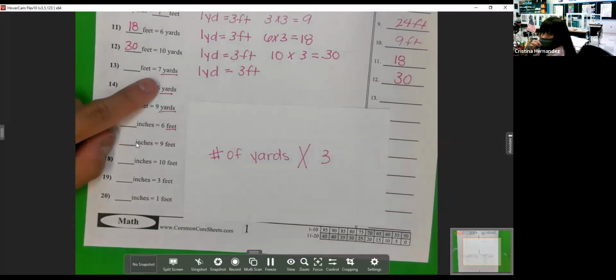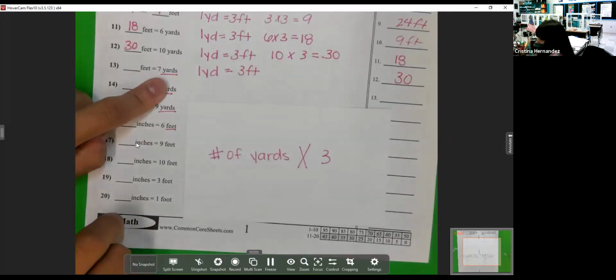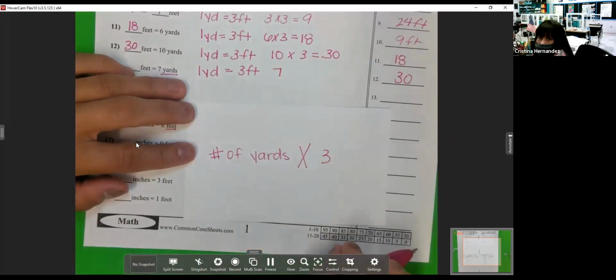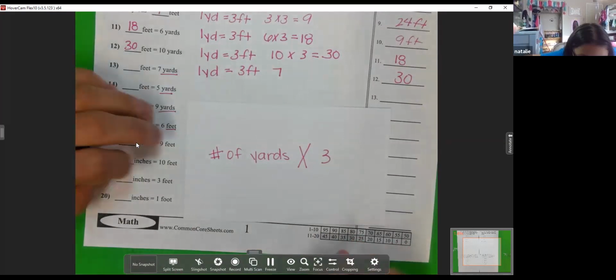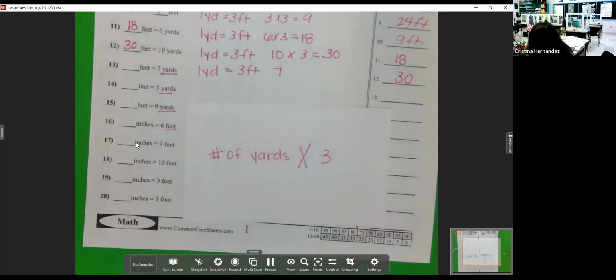How many yards are we converting here? 7. 7, what? Put your green chart down. Okay.